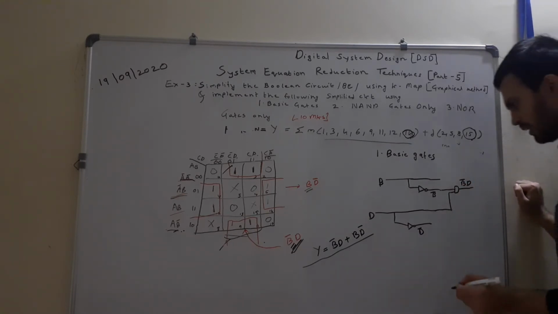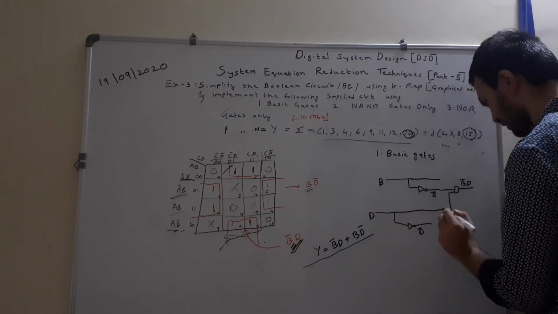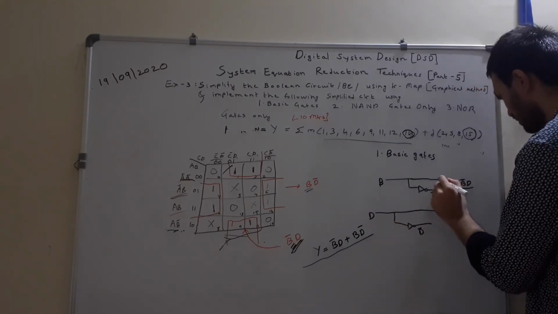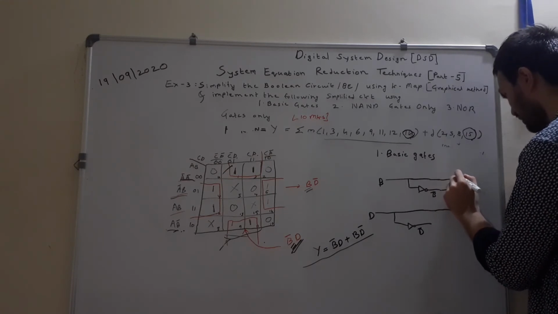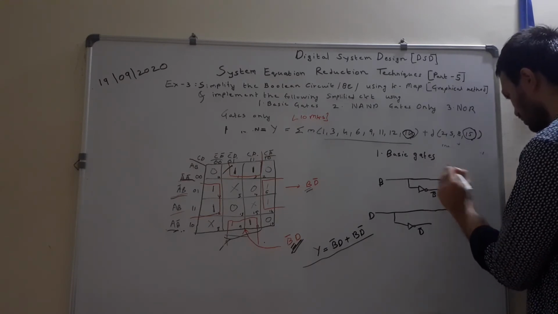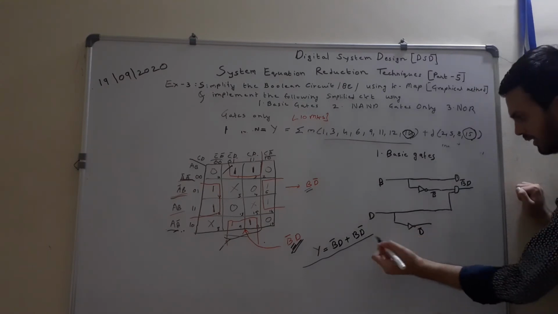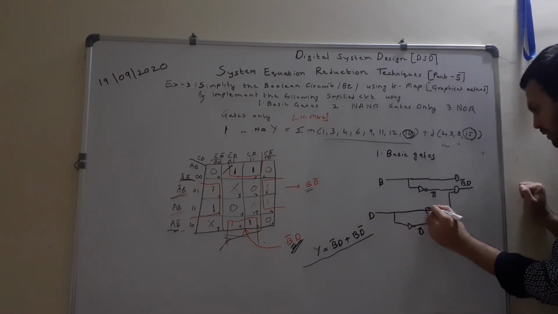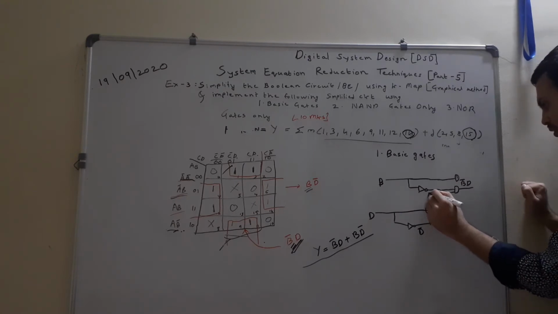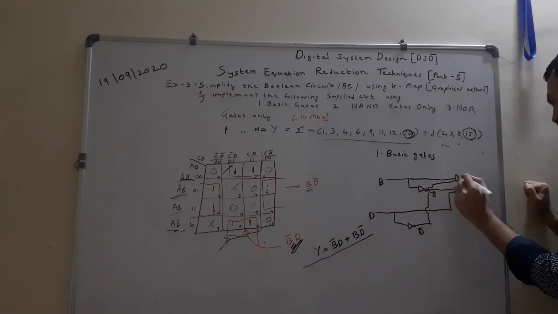Now the next term, that is bd bar. Now how will you connect bd bar? So here at the top, here we will have one AND gate, and here d bar we are supposed to connect to it. So we'll tap the signal from d bar and connect it over here.